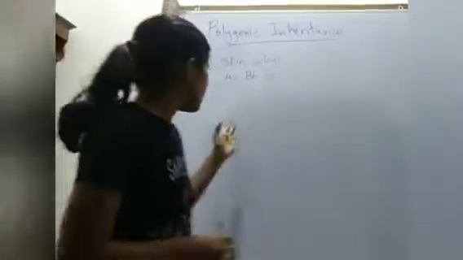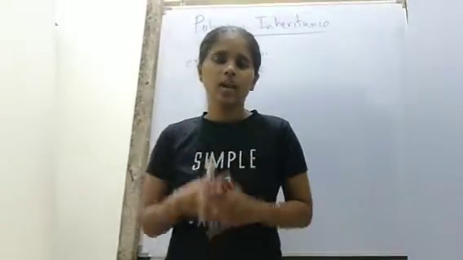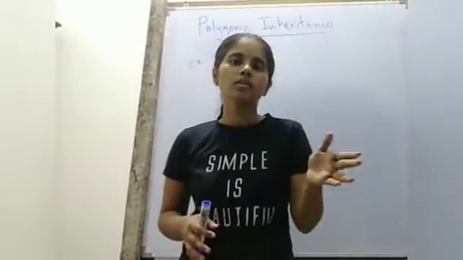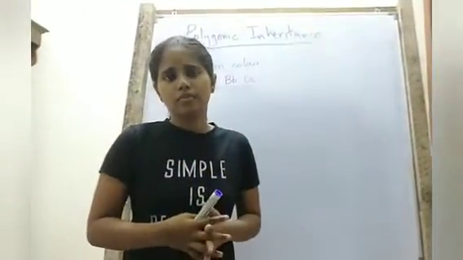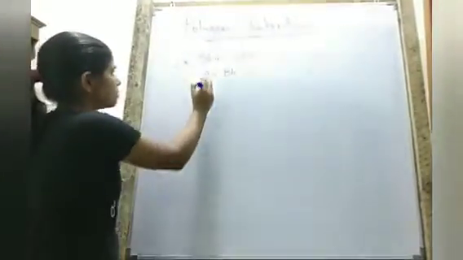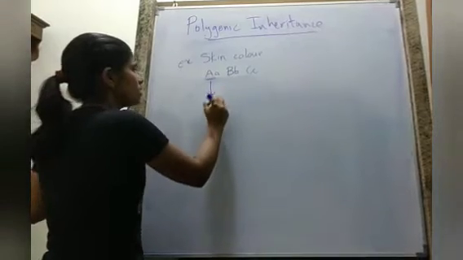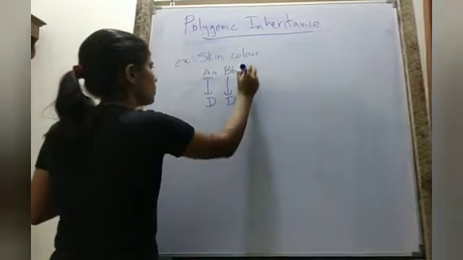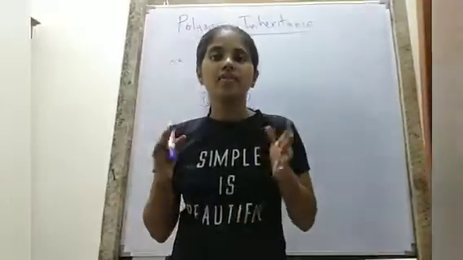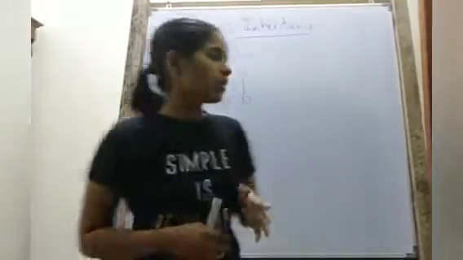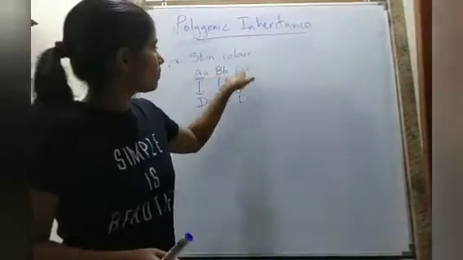Each gene has a dark skin allele contributing 1 unit of darkness to the phenotype. Like this, 1 unit of darkness to the phenotype. And this is incompletely dominant to the other allele.